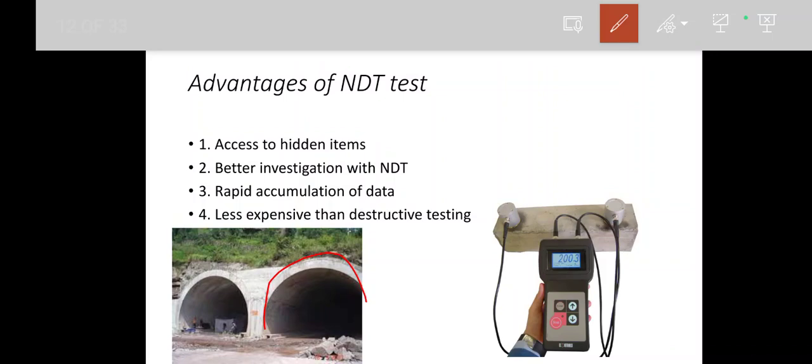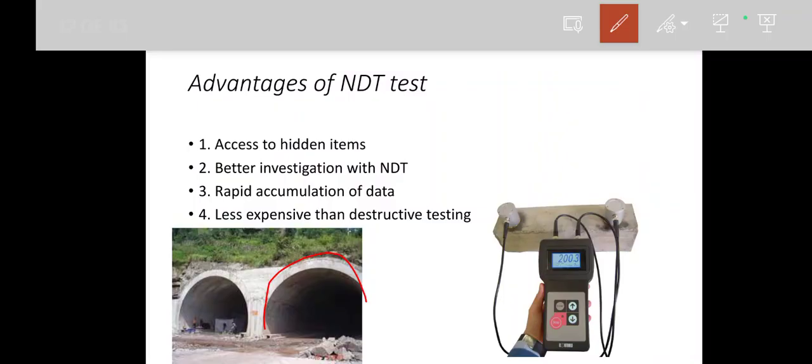So the strength at the site will be different when compared to the cubes for that particular beam placed inside the water. In water curing, immersion curing, it will show more strength when compared to the site location. So only this type of NDT will give a better investigation and rapid accumulation of data.